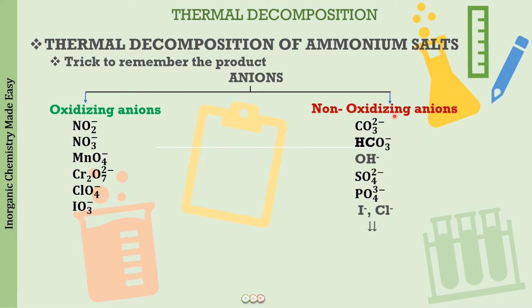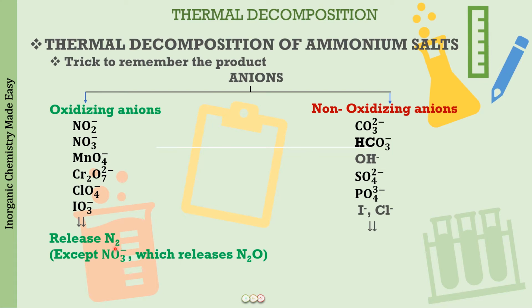When these anions are present, there is not going to be a change in the oxidation number of nitrogen, right? So when we have an ammonium salt of the ammonium ion with any of these oxidizing anions, one of the products is definitely going to be nitrogen.